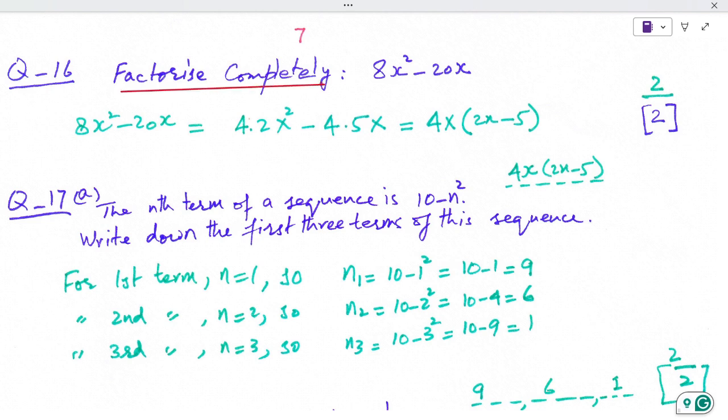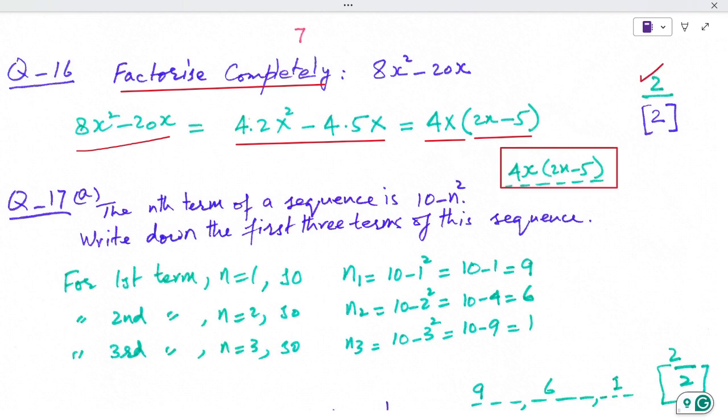So 8x square minus 20x, both of them have x common, and 8 and 20 have 4 common, so we take out 4x common from both of them and write down the first step as 4 into 2x square minus 4 into 5x, and take out 4x common, and we are left with 2x minus 5 in the bracket. These are the factors of 8x square minus 20x, and 2 marks are secured.